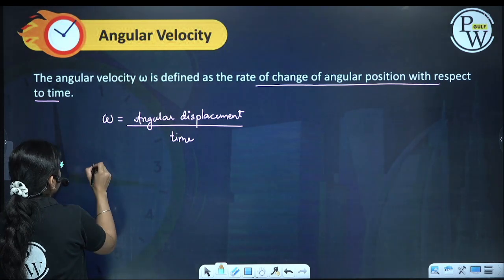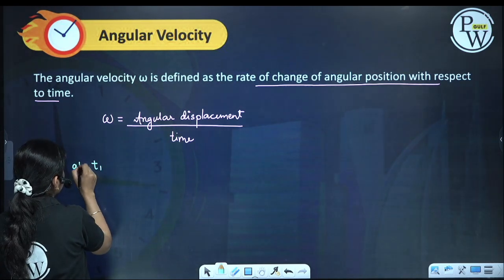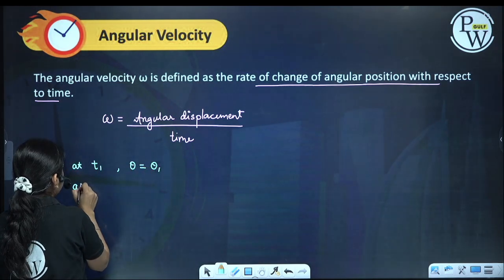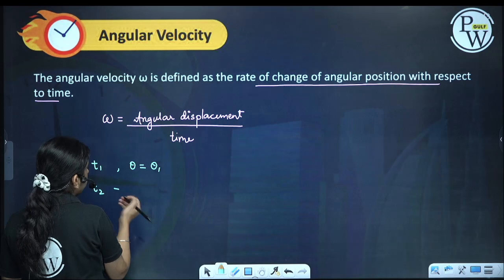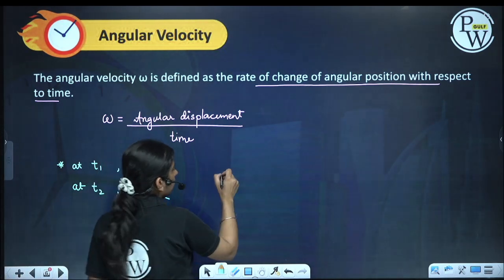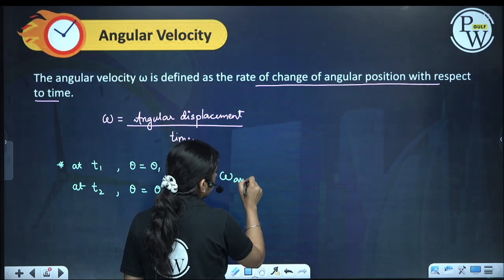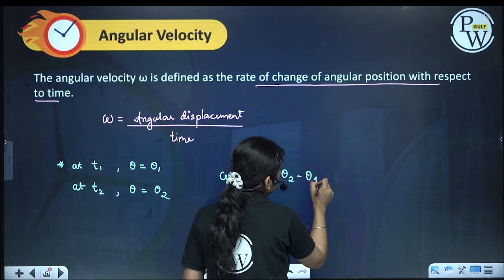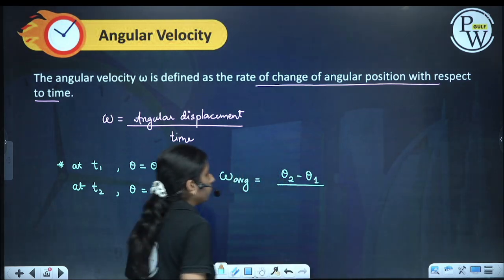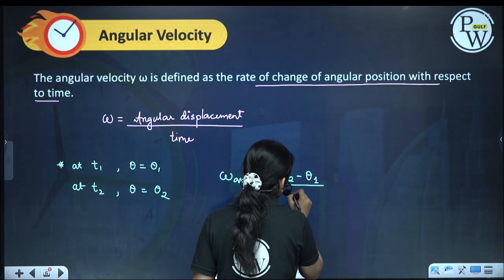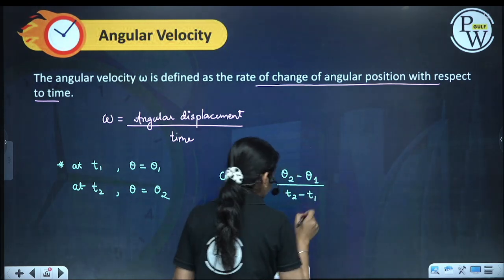So if at t1 theta was equal to theta 1 and at t2 my angular displacement is theta 2, then my average angular velocity will be equal to the change in angular displacement, or angular position, divided by the time taken.